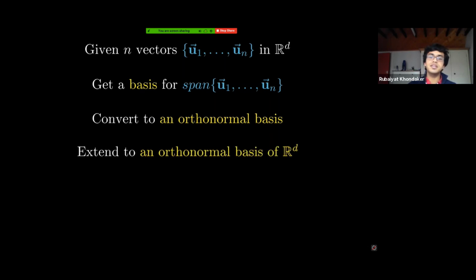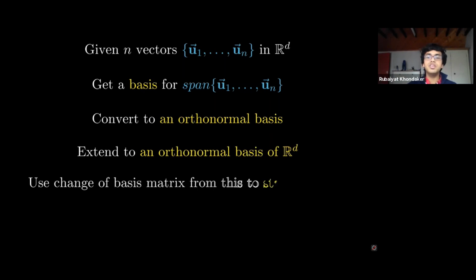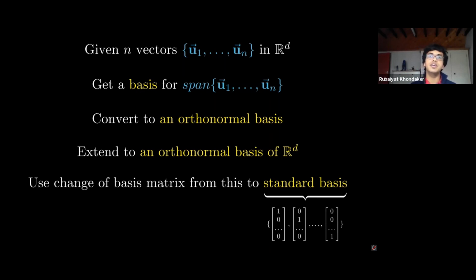Then we're going to extend it to an orthonormal basis of the whole space. Then we're going to use a change of basis matrix from that new orthonormal basis to the standard basis. What exactly do I mean by the standard basis? Just those vectors there, like i hat, j hat, k hat, l hat, essentially.